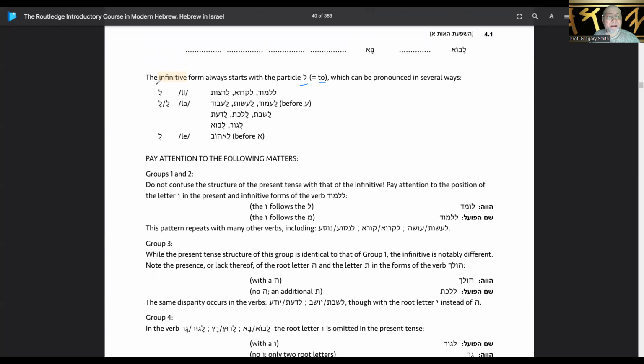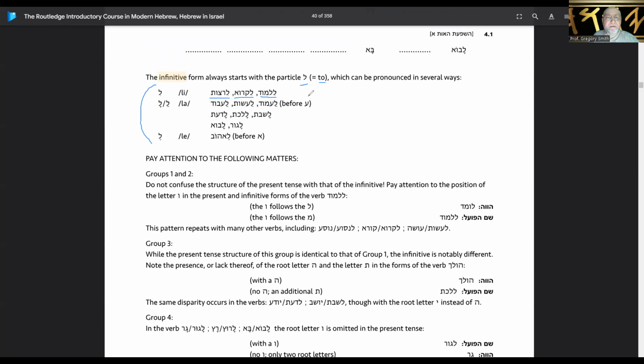For example, we have these variations: lilmod, liktov, and lirkod. I think I defined those last time for you.